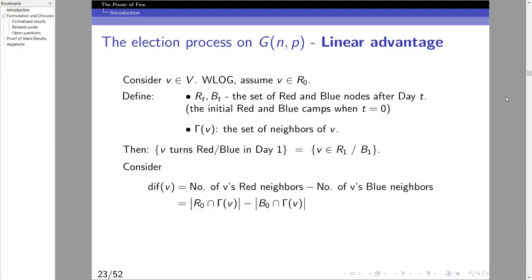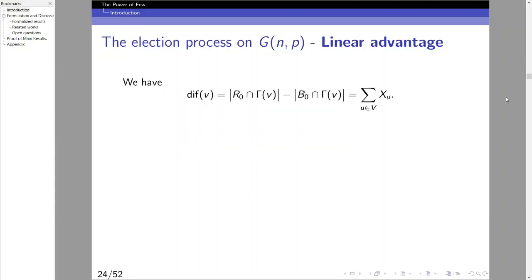We consider diff(V) to be the difference between the number of red and blue neighbors of V. So V turning blue is the same as diff(V) being negative. So we write diff(V) as a sum of variables: 1 for a red neighbor, -1 for a blue neighbor, and 0 for a non-neighbor.